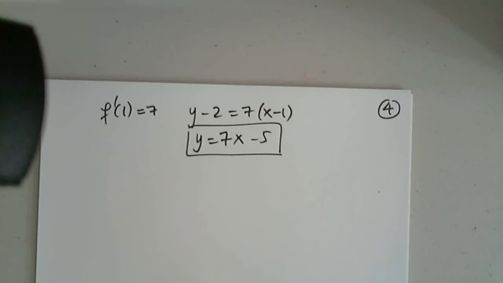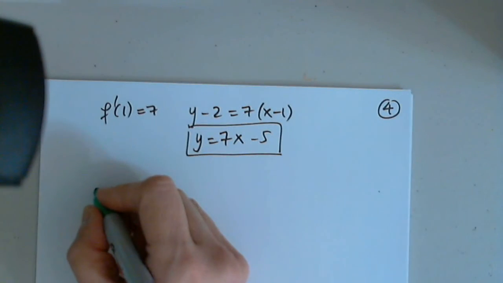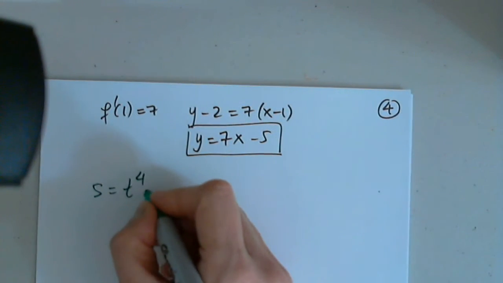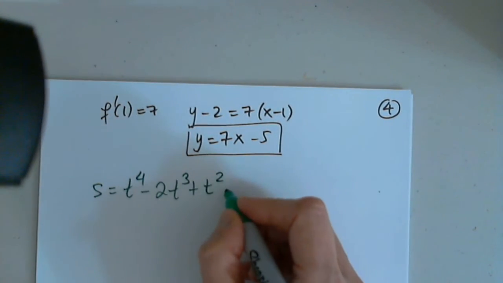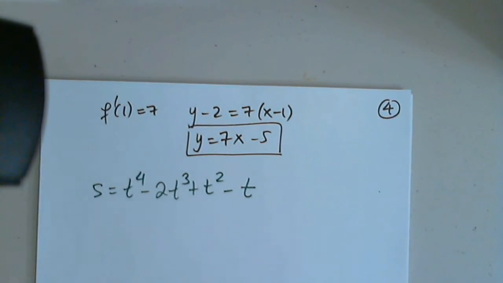Okay, let's also look at a word problem. Like the equation of motion, so we have the motion s equals t to the fourth minus 2t to the third plus t squared minus t.